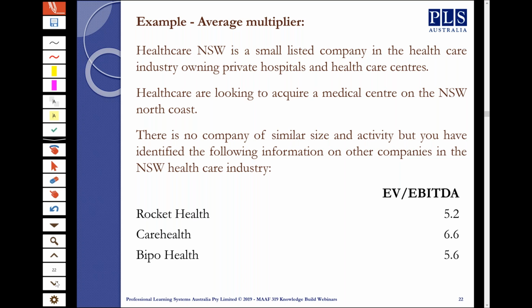The way you do this is that I've got Healthcare, a small listed company in the healthcare industry, owning private hospitals and healthcare centres. Healthcare are looking to acquire a medical centre on the New South Wales North Coast. There is no company of similar size and activity, but you've identified 3 other companies in the healthcare industry: Rocket, Care Health, and Bippo, each having EV on EBITDA ratios of 5.2, 6.6, and 5.6.